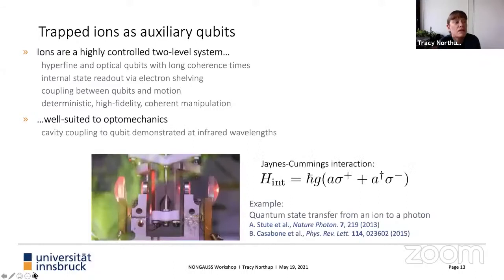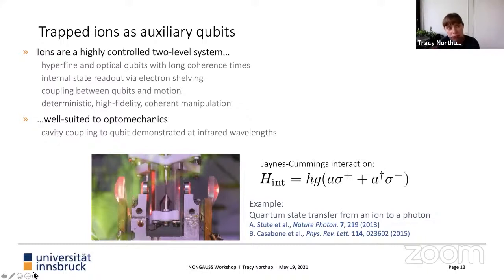And then there's a cavity that goes into this story. So we're going to want to couple ions and nanoparticles to a cavity. That's something that we've done in our research, but also that's been done in other groups. Cavity coupling to the qubit transition, to this electronic transition of an ion, has been demonstrated.